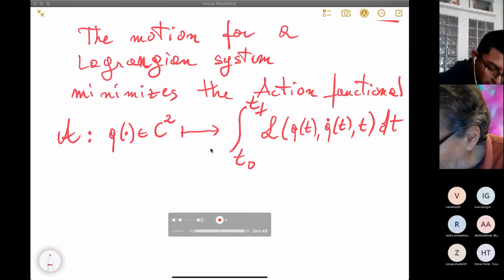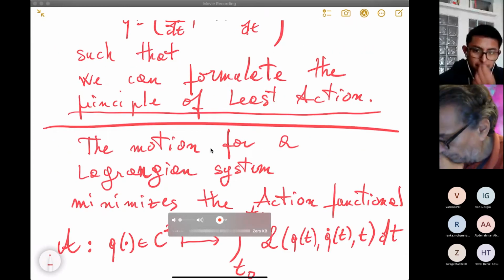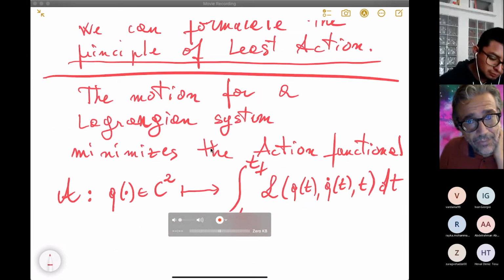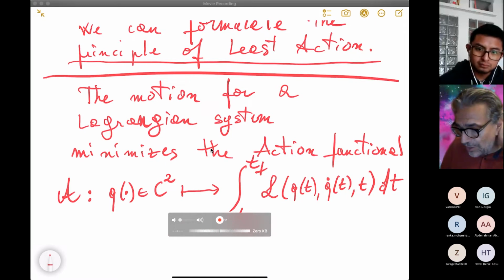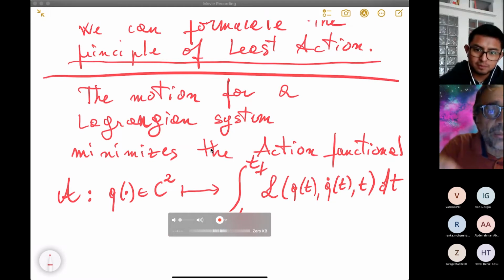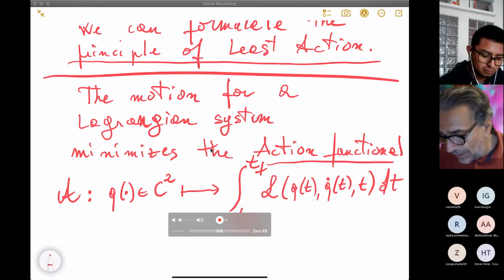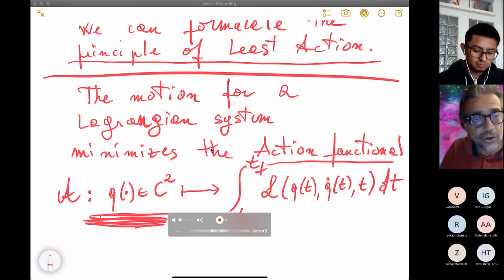So the principle of least action is a principle which teaches you how to calculate the motion for a Lagrangian system. It tells you that the motion of a Lagrangian system minimizes the action functional. Why do we call it action functional? Because this is a new kind of function.